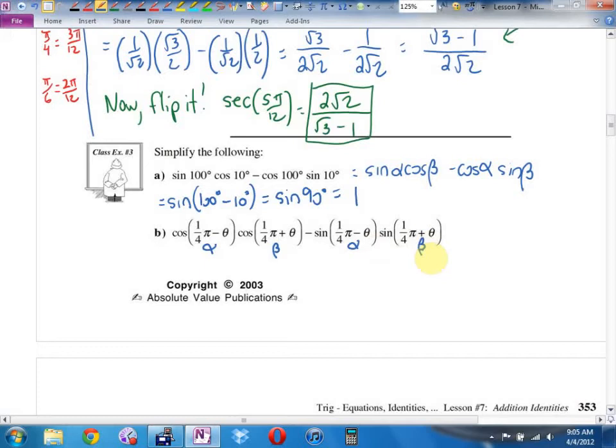Roxanne, from those 4 identities in the box up there at the top of the page, or on your formula sheet, which one is cos alpha cos beta minus sine alpha sine beta? What's the left-hand side that matches that? Which one is cos minus sine? I can't hear a word you're saying.